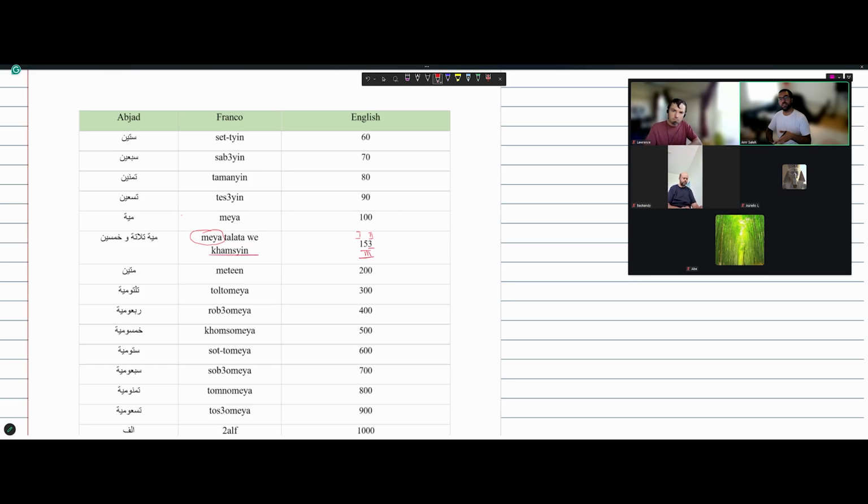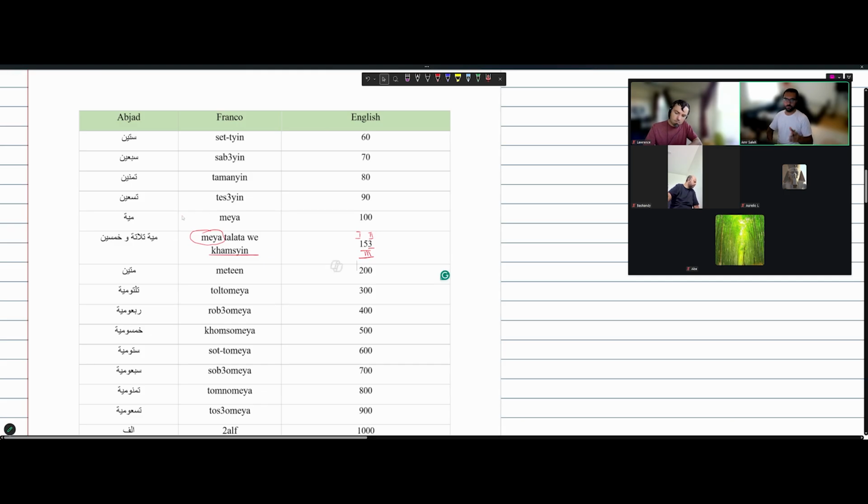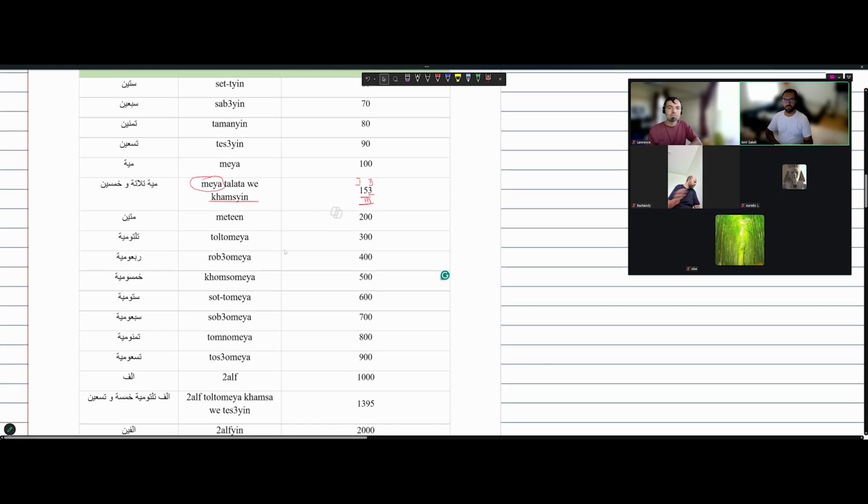So I start with the hundreds, then the last digit, and then the tens. So 100, 3, and 50. These are literal translations.